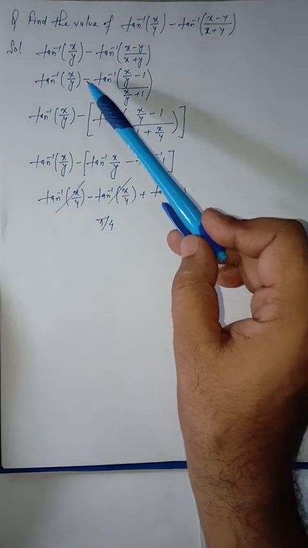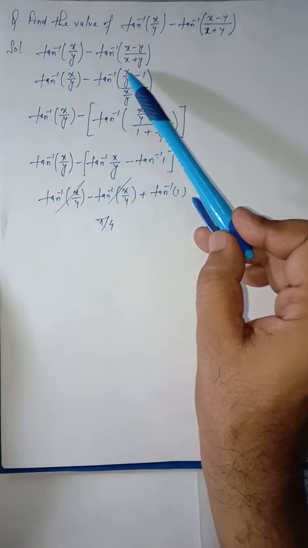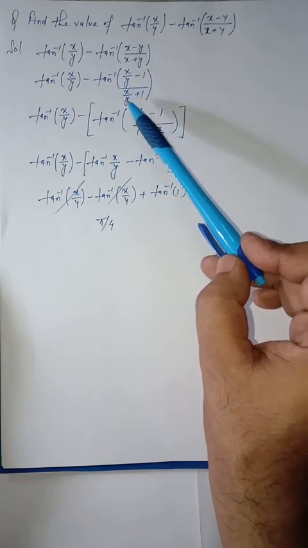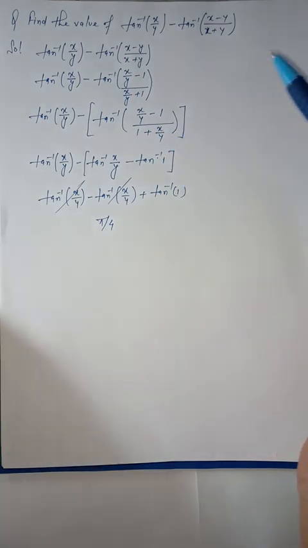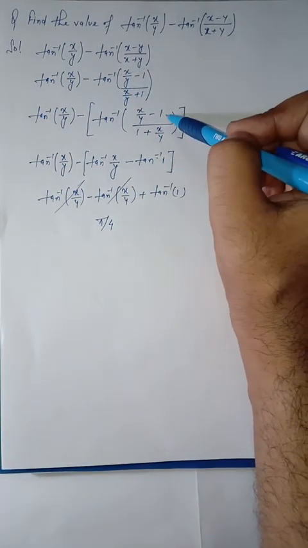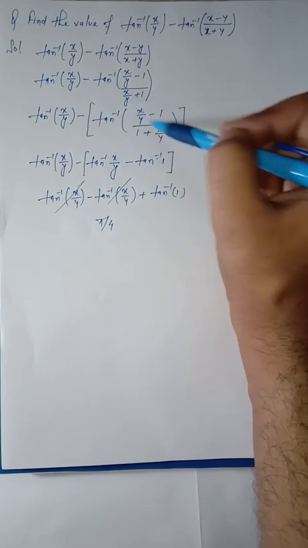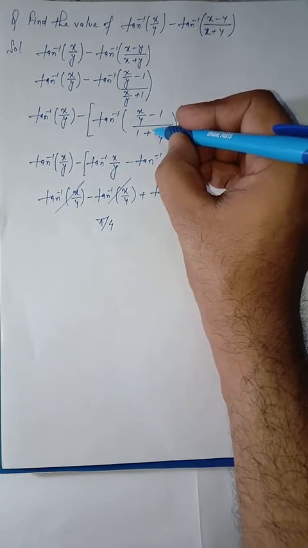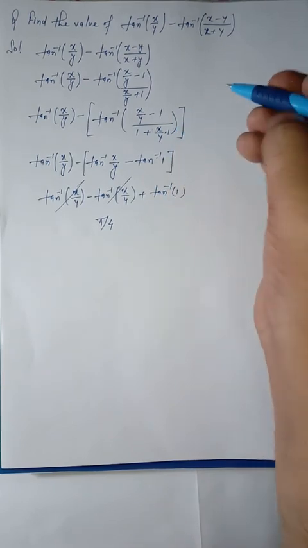Now you can observe, this is tan inverse of x minus y upon 1 plus xy. Please observe it carefully. Write x by y minus 1, write plus 1 here and plus x by y. Now can we write 1 into x by y into 1?